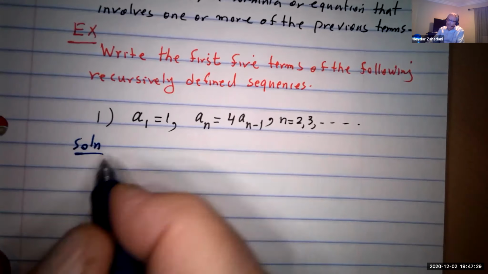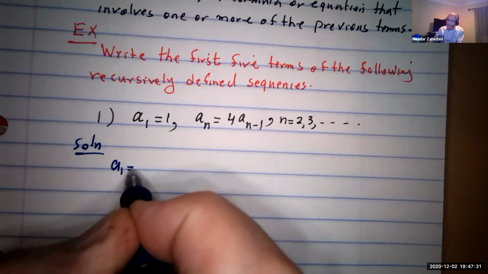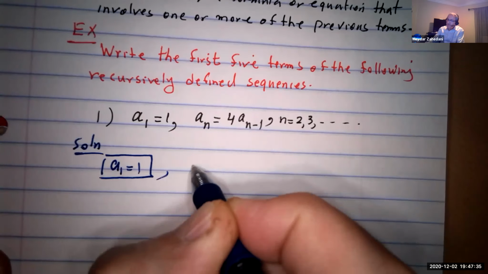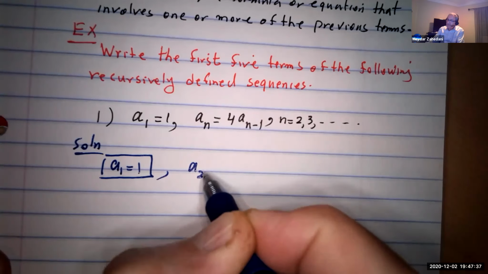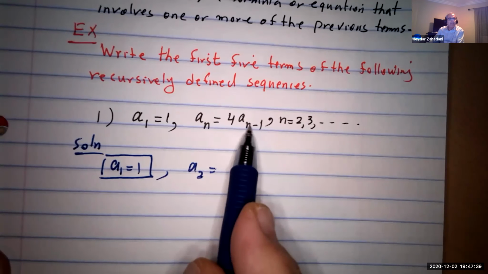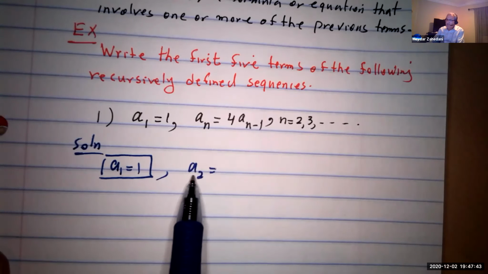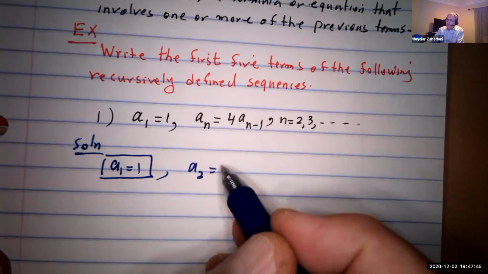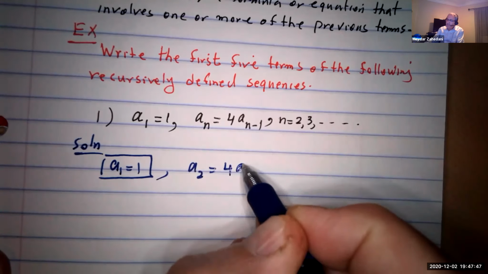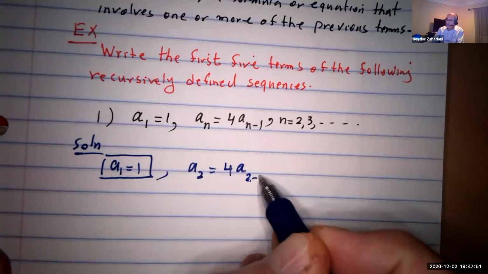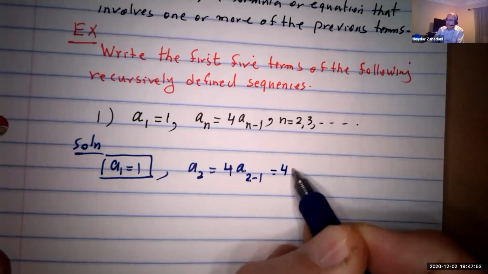So you start with the first one. You say a1 is equal to 1. That's the first one. Now, if you want to find a2, you go to this formula and replace n by 2. a2 is equal to 4 times an-1, meaning 2 minus 1, which is going to be 4a1.